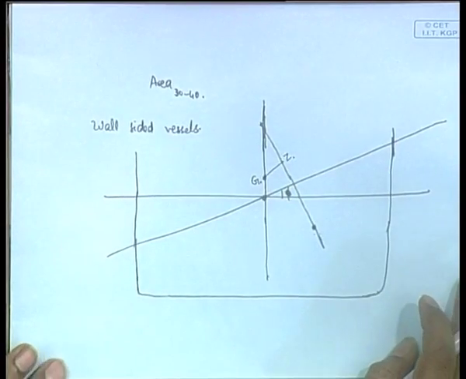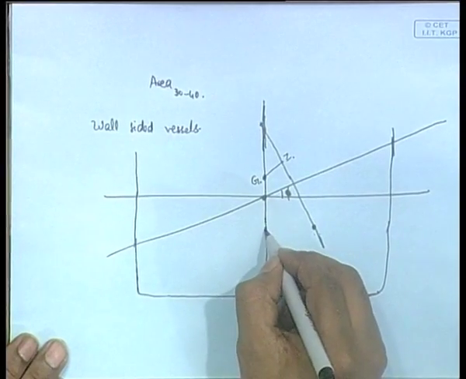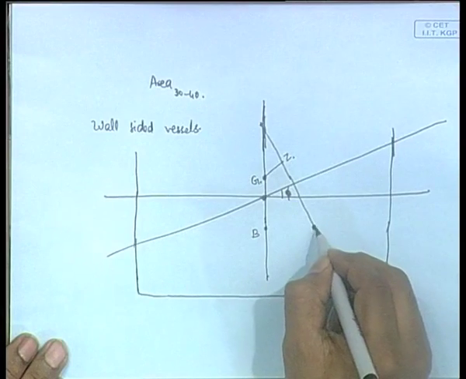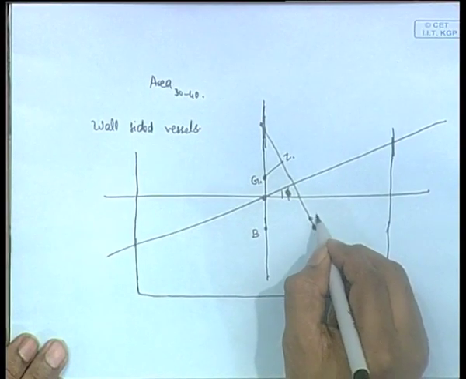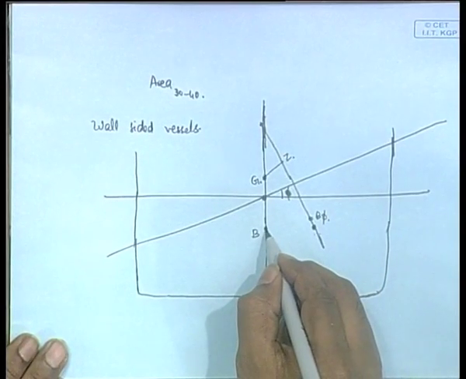Now, in this problem we do it in a slightly different form, that is initially it is at B and then it moves to B phi. Okay, let us say it is here. Now, let us split this. Let us assume that the healing is done in two steps.